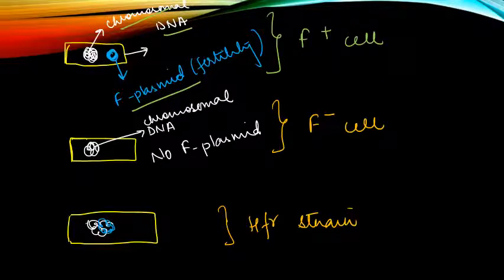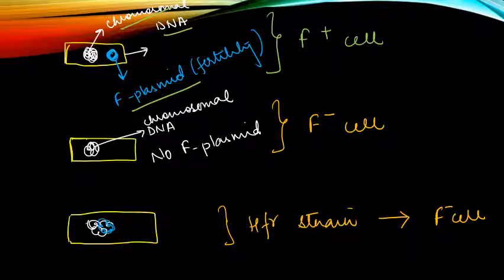Clear? So this HFR strain also undergoes conjugation. The HFR strain donates to the F negative cell. So this is also a kind of conjugation.